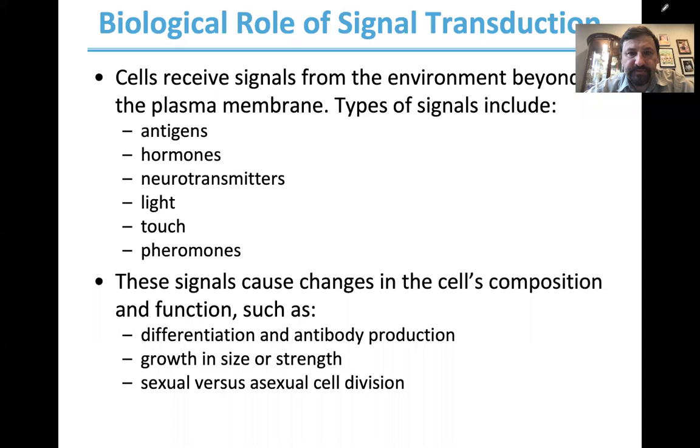So, these signals that the cells receive from the environment are, for example, antigens, right? So these will be immune cells which recognize antigens, hormones. So many cells in the body produce hormones for other cells to grow, neurotransmitters, transduction of a nerve signal, nerve impulse, perception of light, very important, touch, right?